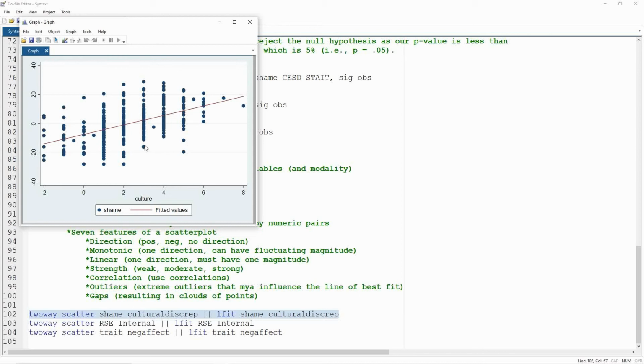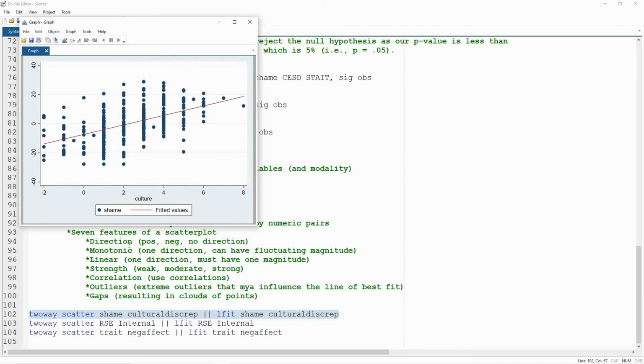If we look at this person here, they had approximately 3 on culture and, sorry, that would be more like negative 18 on shame. So each person has a score on culture and a score on shame, and we're simply plotting those out, and you get these lovely distributions.